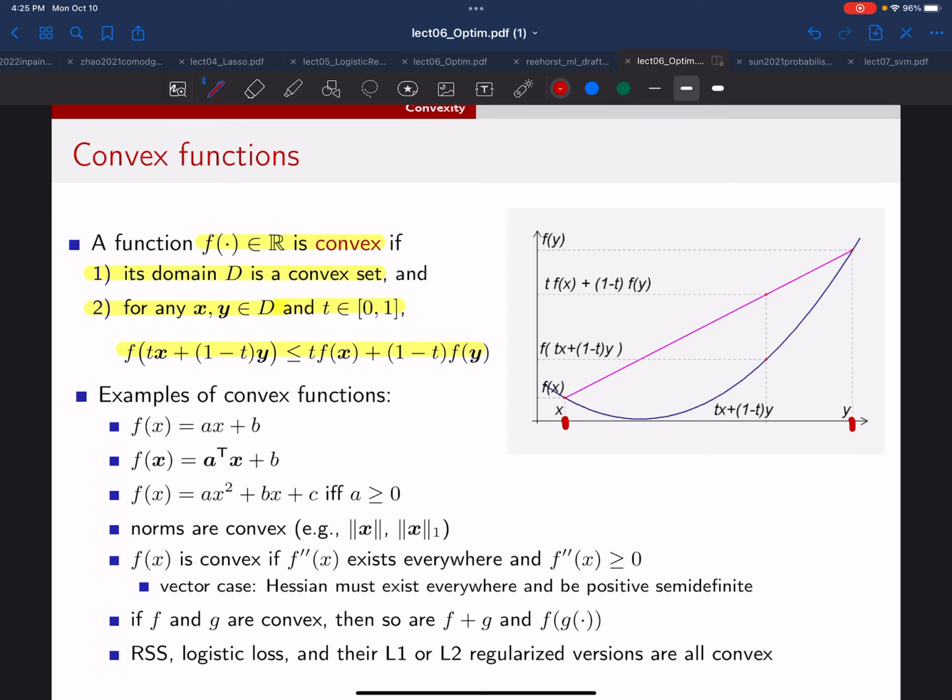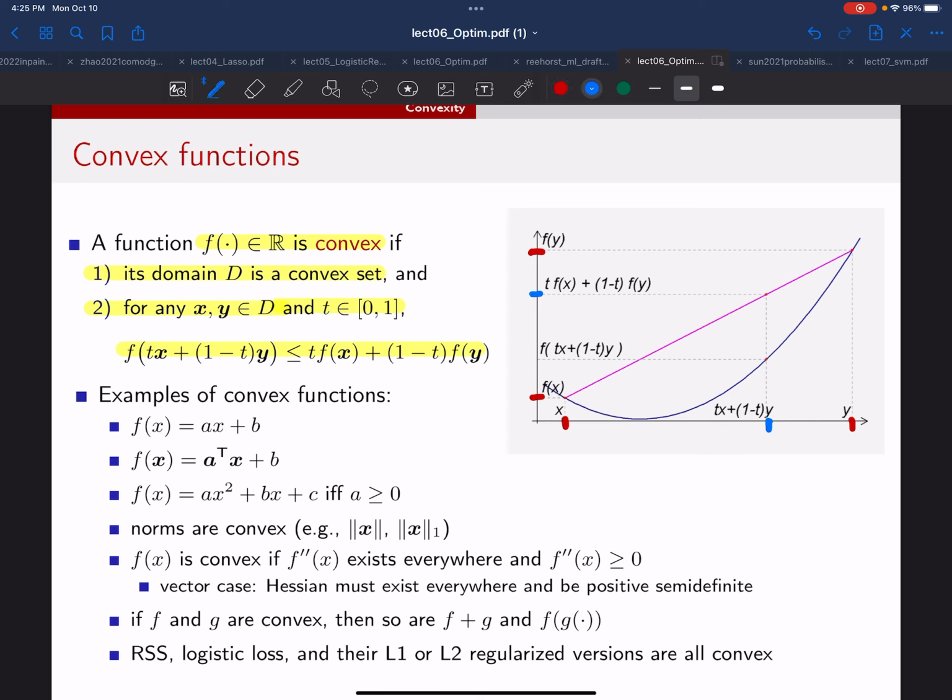On one hand, we can look at the average between x and y, using some number t, which according to this picture looks like maybe about 2/3 of the way from x to y. So this is averaging on the input. On the other hand, you could look at the function at x and the function at y, and then average those numbers.